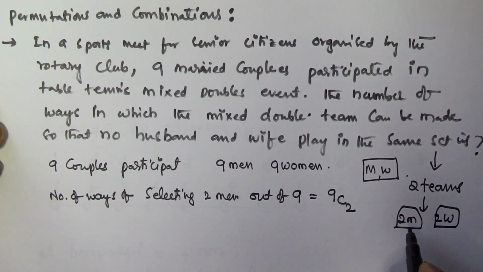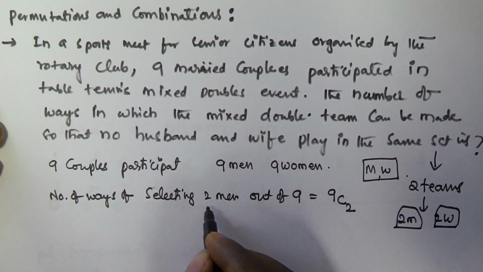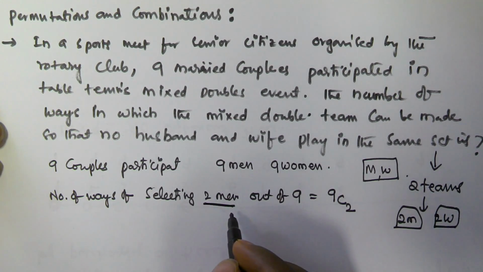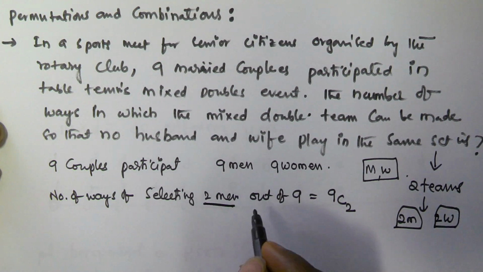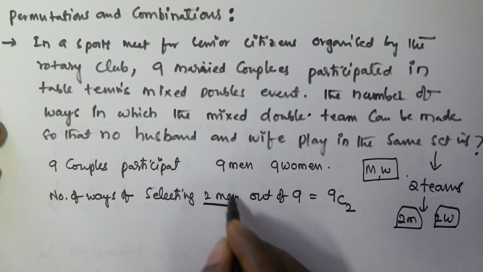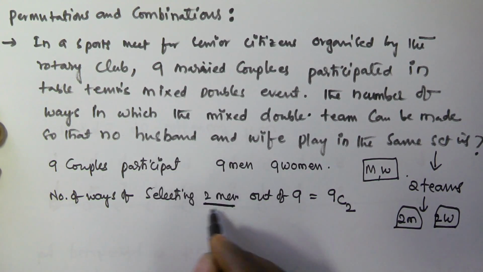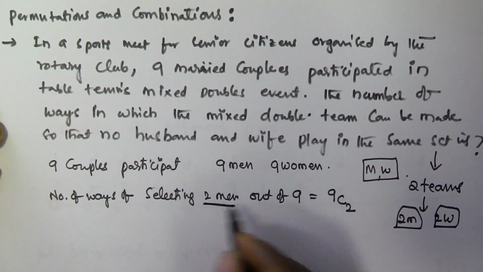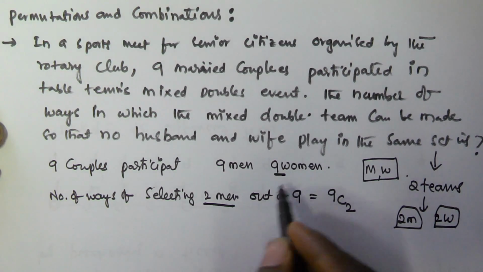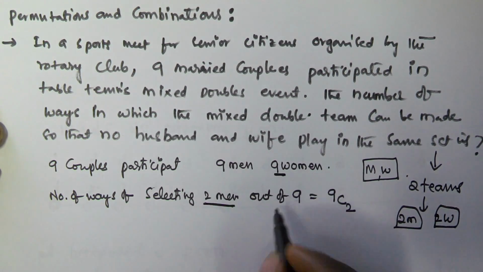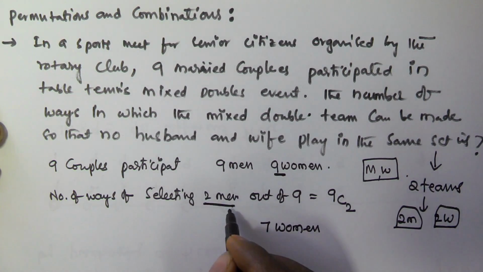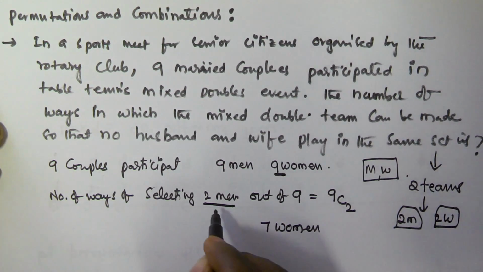But we have to remember that since 2 men are already selected, we cannot select their wives. Initially 9 women are there, and after removing the wives of the selected men, we are left with only 7 women.